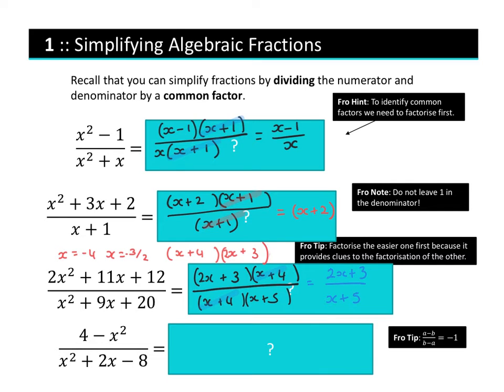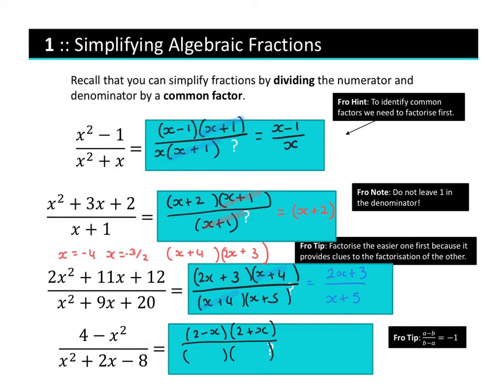Then for the last one, on the numerator, we've got two square numbers, difference of two squares. So we've got 2 minus x, 2 plus x, all over.